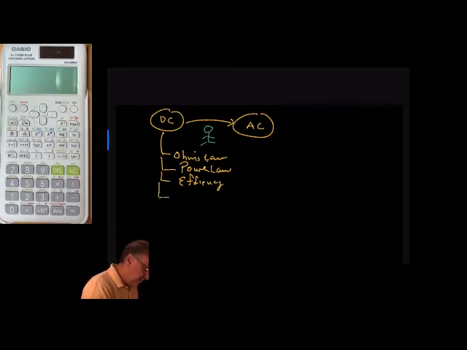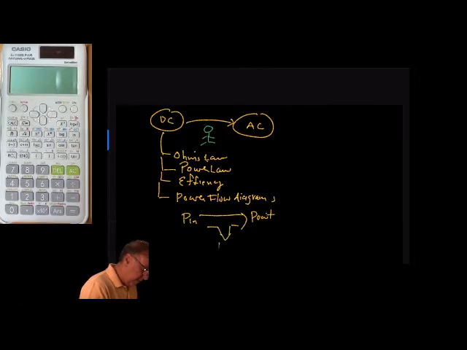We've talked about power flow diagrams, where we have P in, we have P out, and power loss, P loss. We've talked about series and parallel. We've talked about, just this last session, voltage and current dividers.